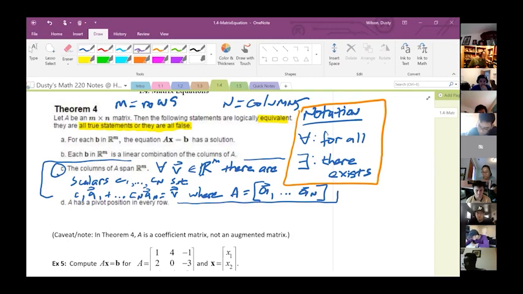So in D, when it says that A has a pivot position in every row, it's saying that if we row reduce, you're going to have all those pivots.